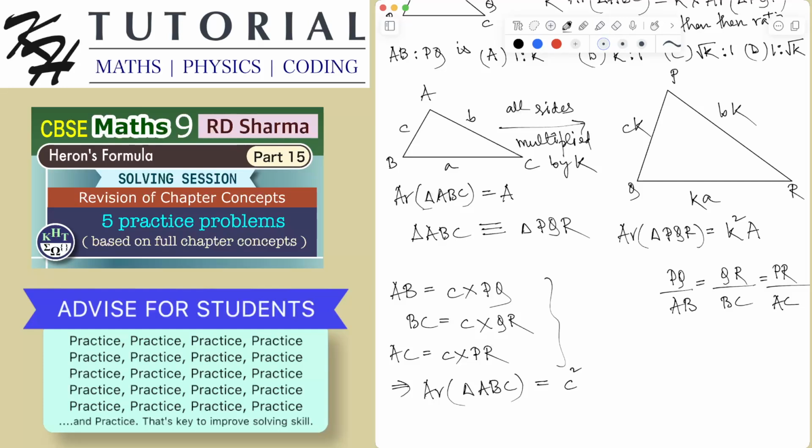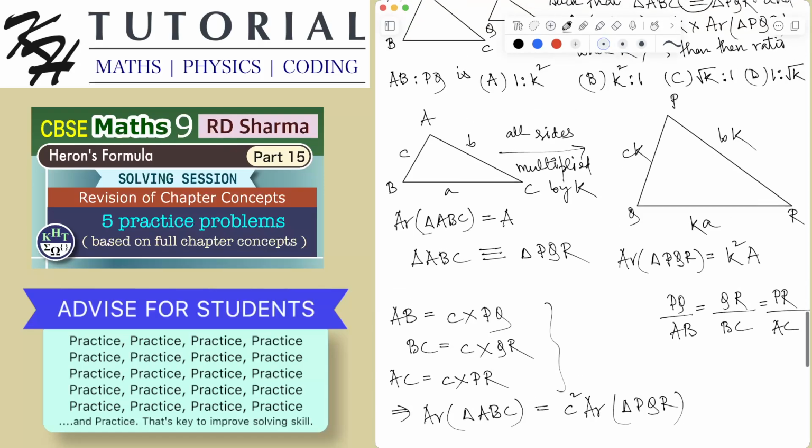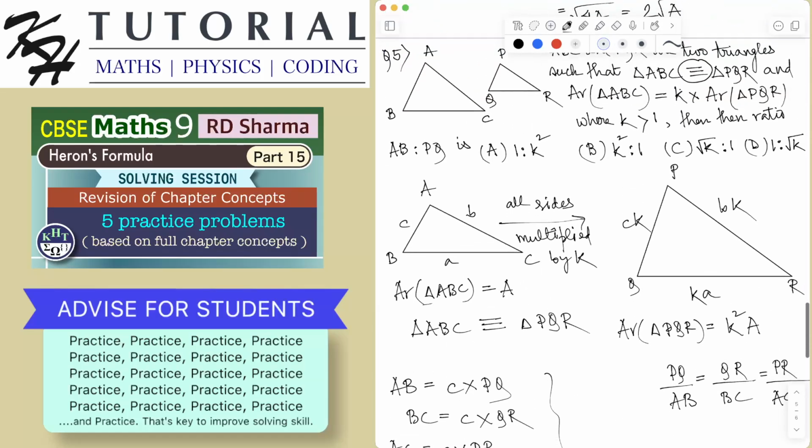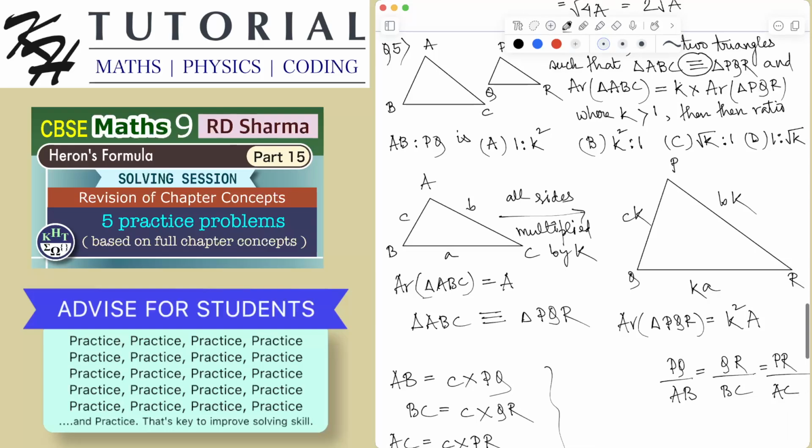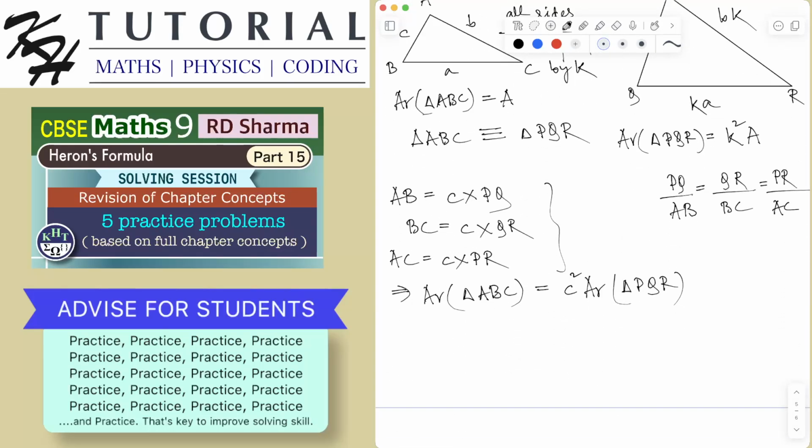So in this case we must have area of the triangle ABC equal to C square times area of the triangle PQR. But in the given problem it is given that area of the triangle ABC is equal to K times the area of triangle PQR. So we must have C square is equal to K. This implies C should be equal to square root of K.